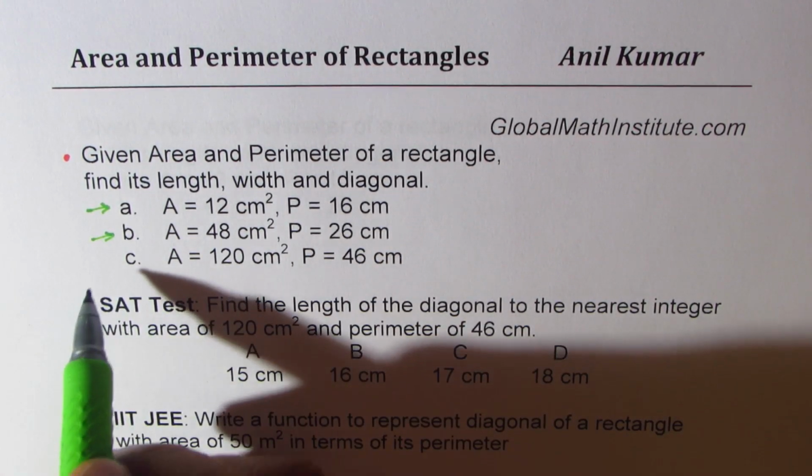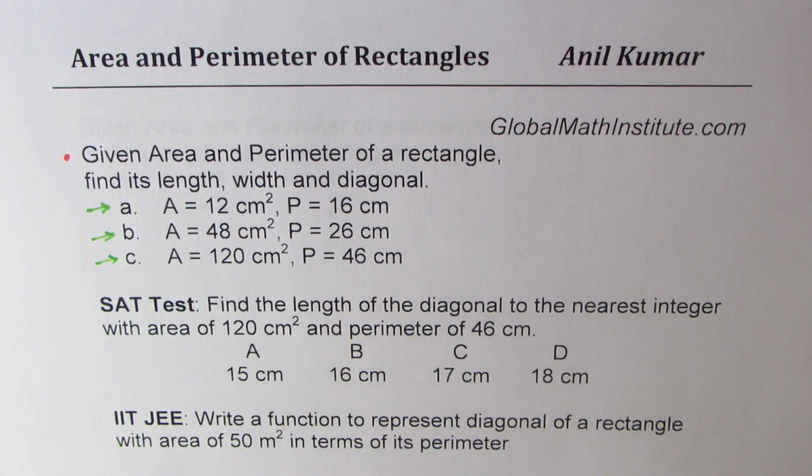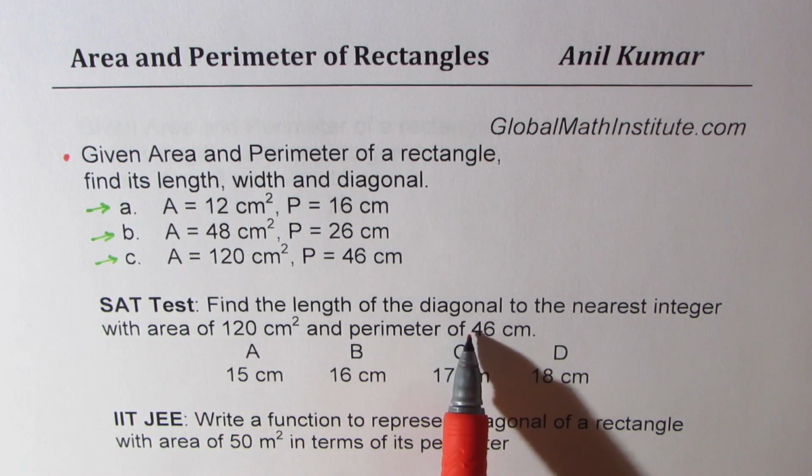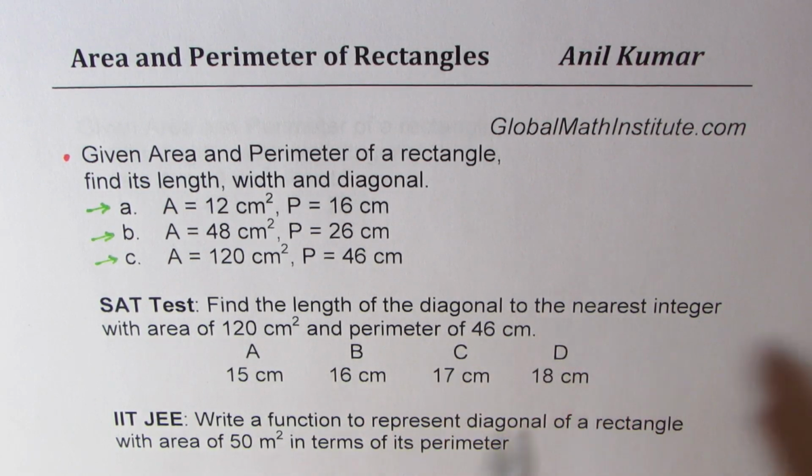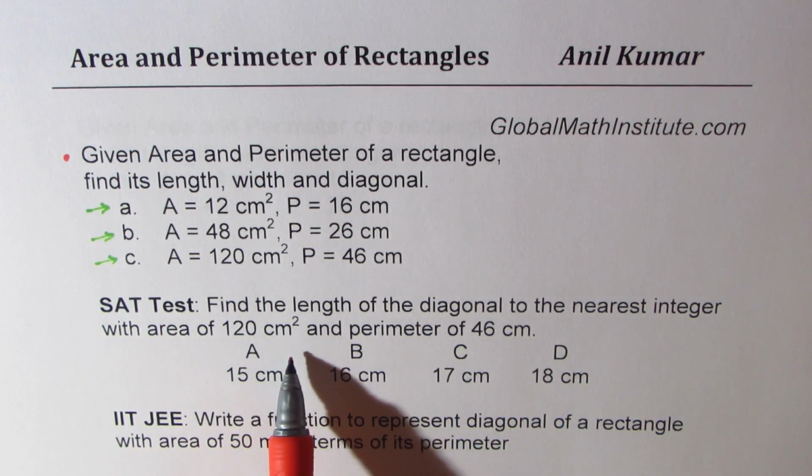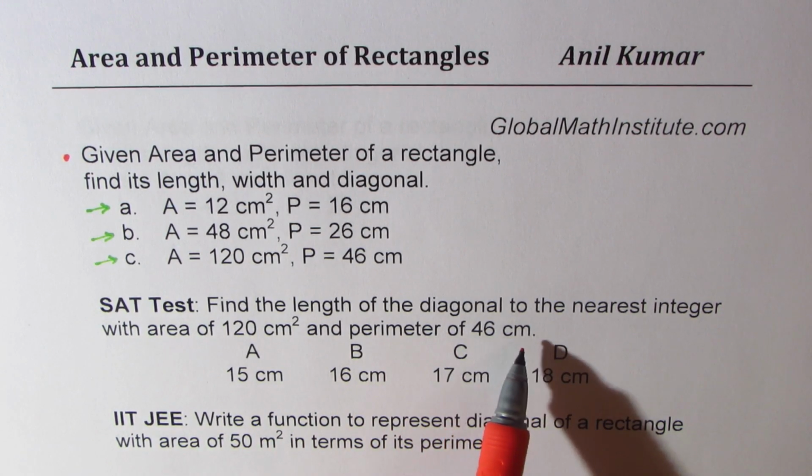And the third part, I will twist it a bit and produce a question which you could see in competitive exams like SAT. I could actually reframe this question and say, find the length of the diagonal to the nearest integer with area of 120 centimeters square and perimeter of 46 centimeters.